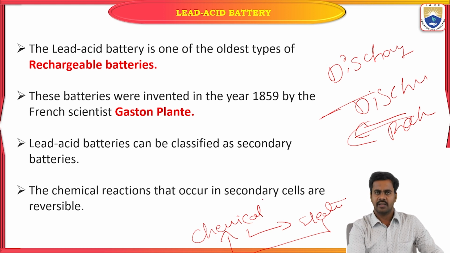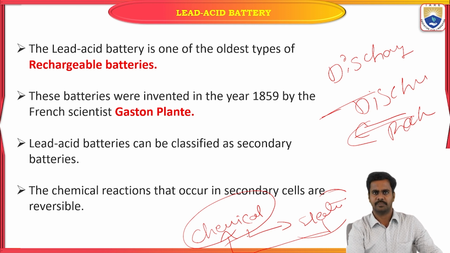So in secondary batteries, that is rechargeable batteries, we can observe both types of reactions, that is chemical energy to electrical energy and electrical energy to chemical energy. During the discharging process, we observe conversion of chemical energy into electrical energy, whereas during the recharging process, we observe conversion of electrical energy into chemical energy.